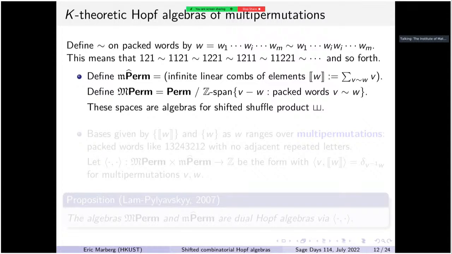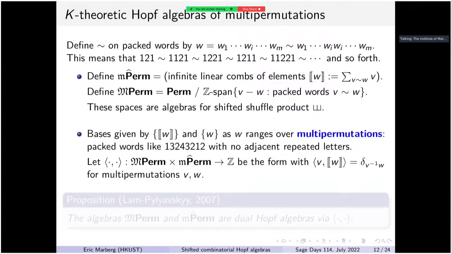But both of these are going to be algebras for this shifted shuffle product. And both of them are going to have bases that are indexed by multi-permutations. This just means a packed word with no adjacent repeated letters. So it's almost like a permutation, but you can repeat letters as long as they're far apart.